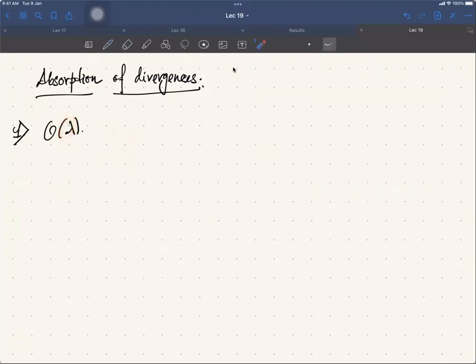This is tree level, and that doesn't have any divergence. So the only divergence is in the 2 1PI function, and that is this diagram.